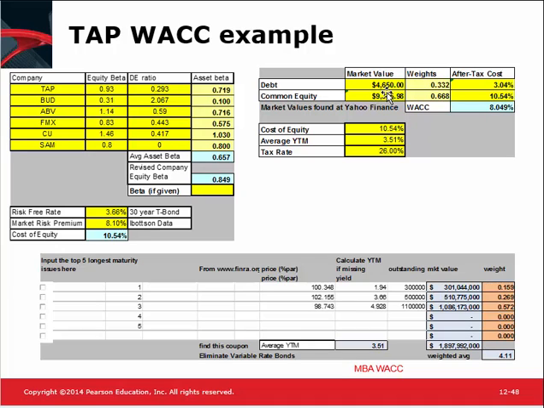The company has $4,650 worth of debt. 93.45 is their total debt. 93.45 is their equity. So it's essentially 2/3, 1/3 as far as the weighting scheme. So then we plug in their tax rate, which is actually 26%, not 40%. So the weighted average cost of capital nets out to be 8.049%.